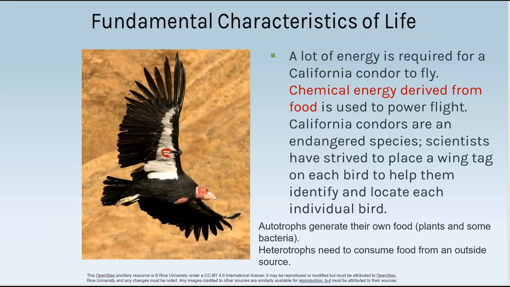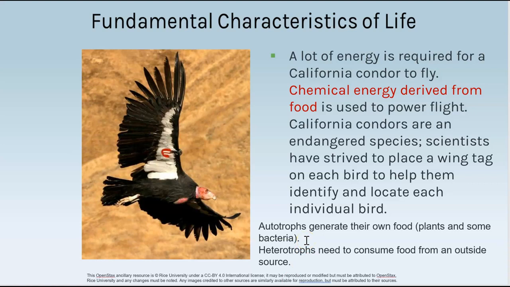All organisms need energy, chemical energy from food. Often, food takes the form of sugar. It can also be proteins and fats, or what we call lipids. Now, even bacteria need chemical energy from food. Remember, autotrophs make their own food.